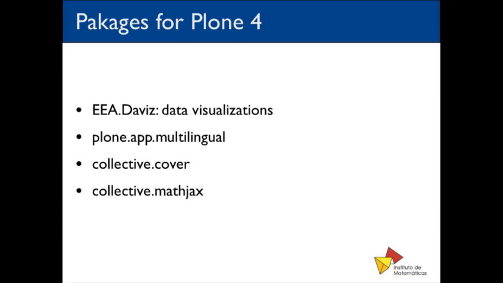Another product that we use is collective.mathjax. MathJax is basically a JavaScript library for displaying math symbols in the browser. So at least for us, it's very useful. If I can integrate this with the article things, it will be better.